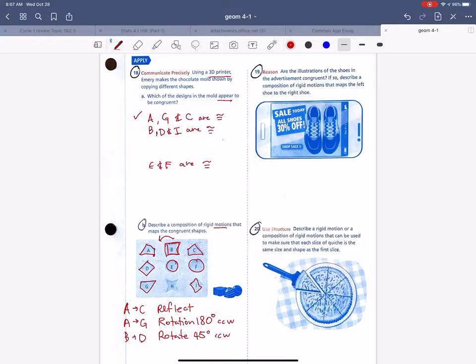Now, obviously, there's also and then translate to scoot it over there. Same with this one. I'd have to rotate 180 and translate to scoot it over there.